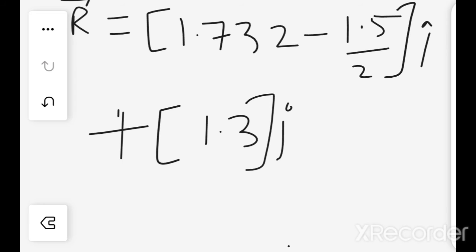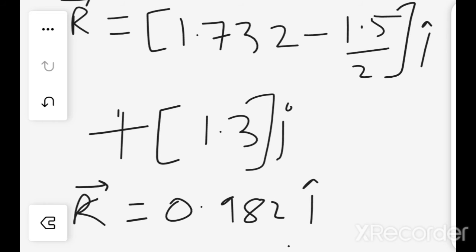Okay, and if we further solve it, we will be getting r as 0.982 i plus 1.3 j. So here we have easily calculated the resultant vector by adding the x components of the individual vectors together and by adding the y components of the individual vectors together. So we are getting the resultant vector r as 0.982 in the i direction plus 1.3 in the j direction. Okay, so this is our vector.